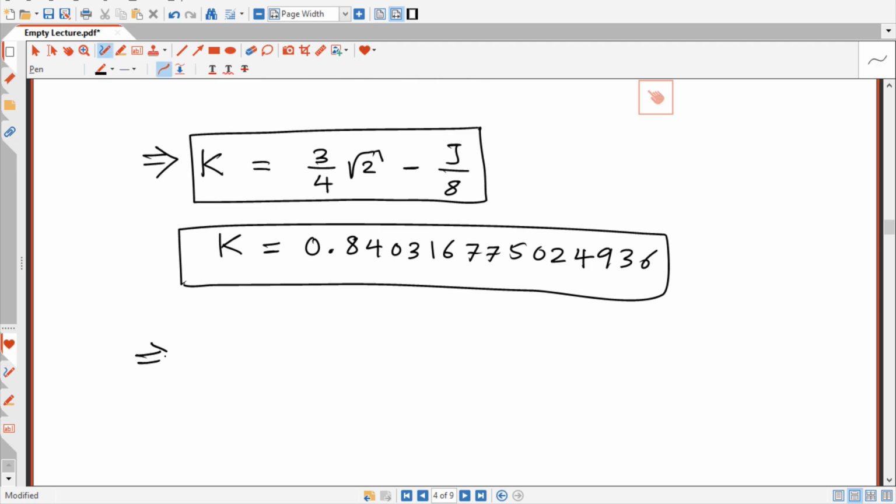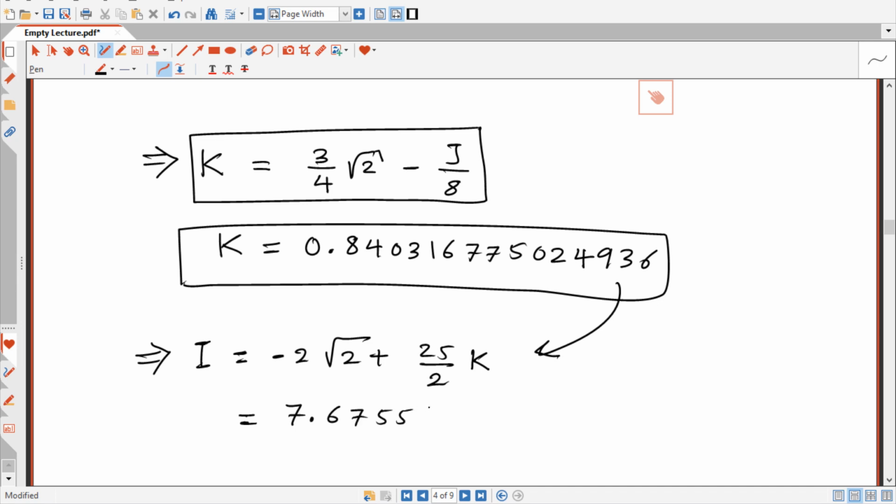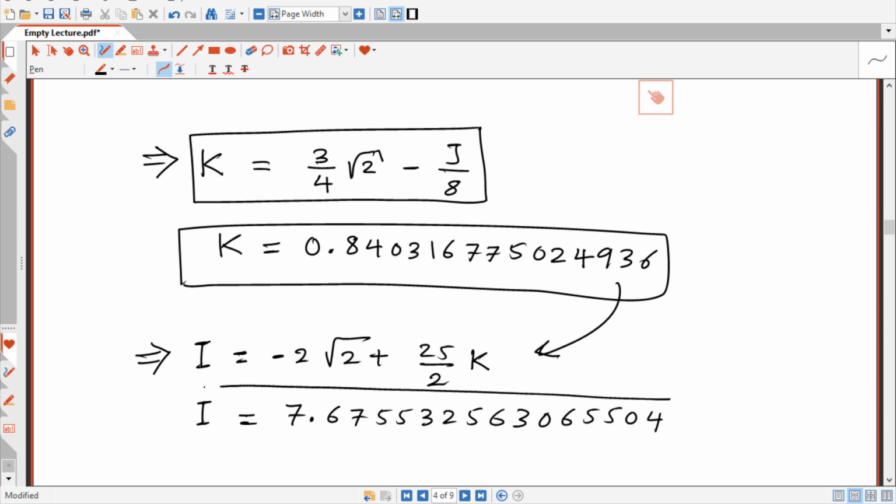By substituting the value of k here, we can calculate I as 7.6755 325 630 655 65504, and that's the value of I, and I will put a box there. So this is the value of I.